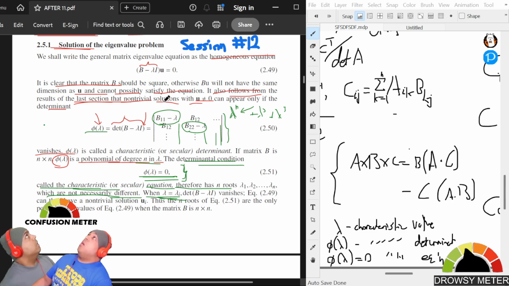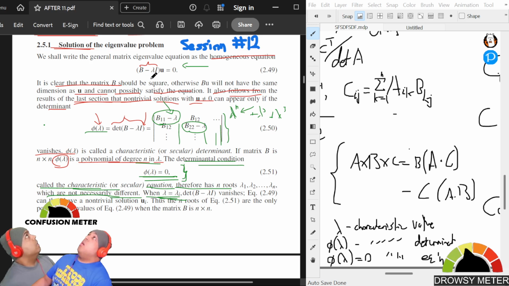When we substitute one of the roots of lambda back into the determinant, the determinant vanishes. Equation 2.49 can then have a non-trivial solution.